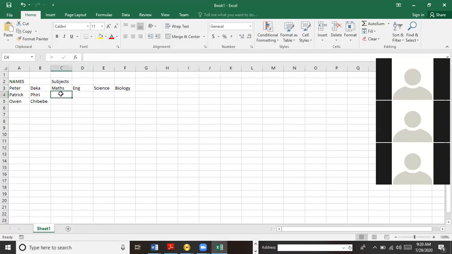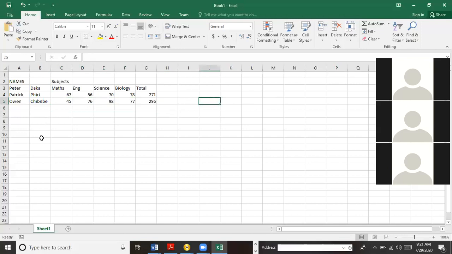Grades. Okay, so we can have total. So when I total these for one student, I use the auto sum. This is the total. Use the same.